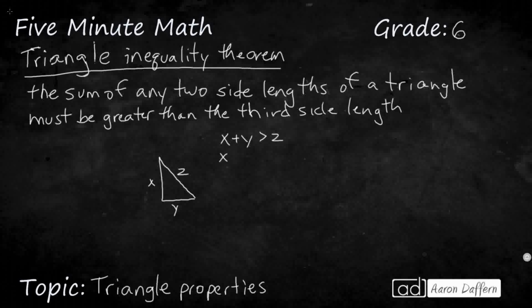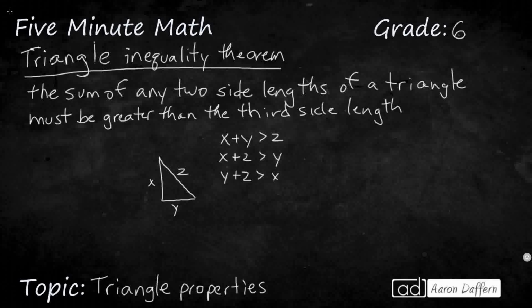If I add x and z, that has to be greater than y. And if I add y and z, that has to be greater than x. And if all of those three inequalities, that's why it's called the triangle inequality theorem, are correct, that means it is a triangle, as long as the sides are connected at the endpoints.